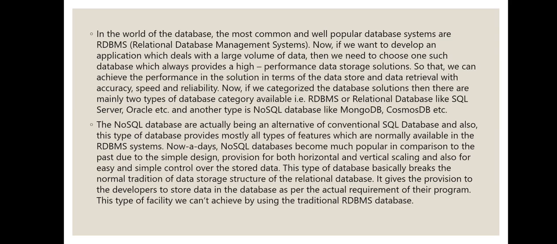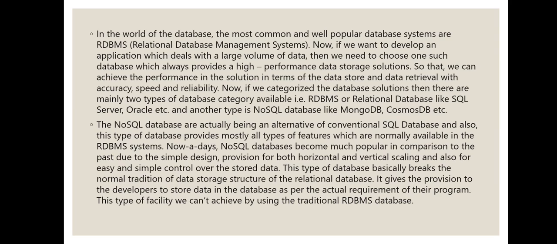Now if we categorize the database solutions, there are mainly two categories available: RDBMS or relational databases like SQL Server, Oracle, etc., and NoSQL databases like MongoDB, Cosmos DB, etc. NoSQL databases are an alternative to conventional SQL databases, and this type of database provides most of the features normally available in RDBMS systems.